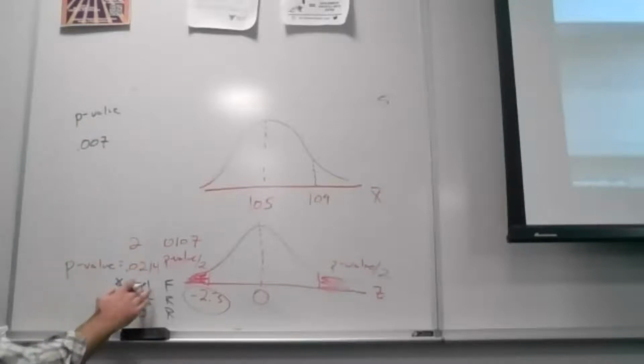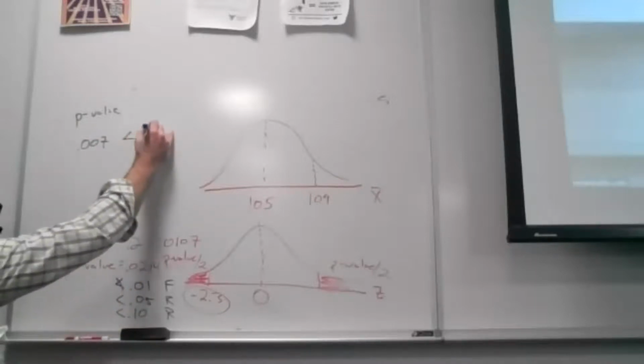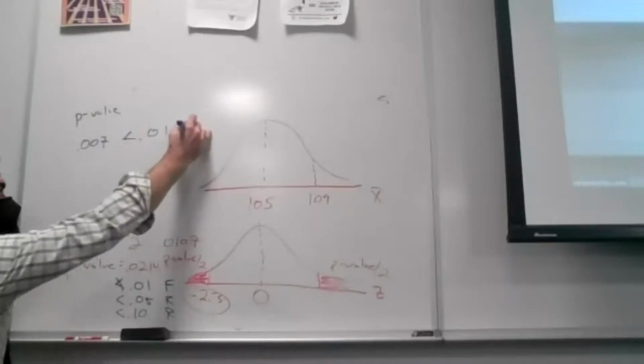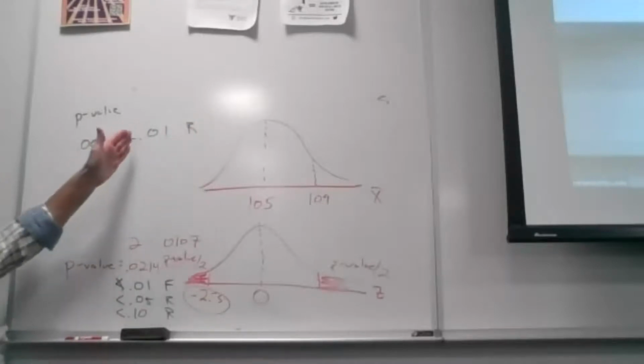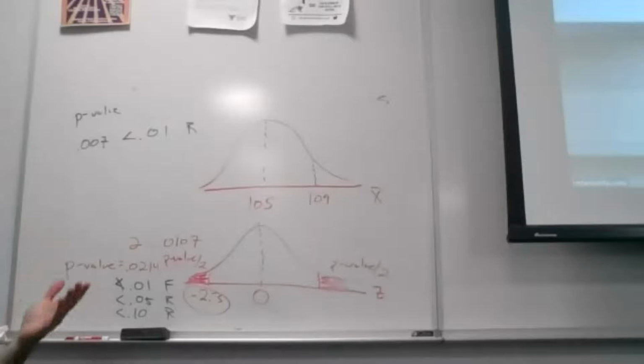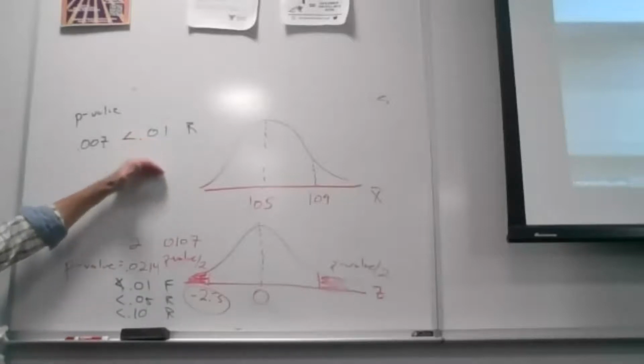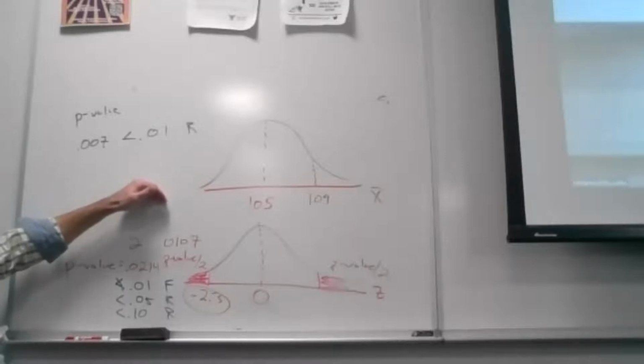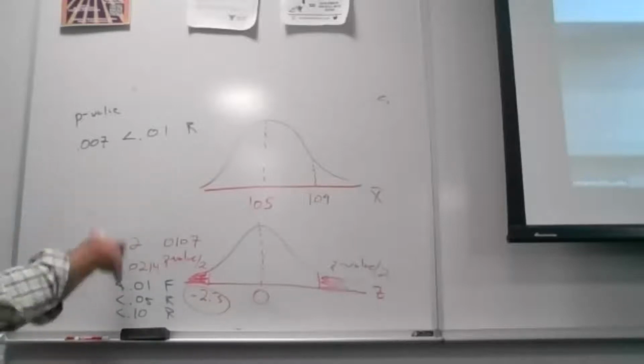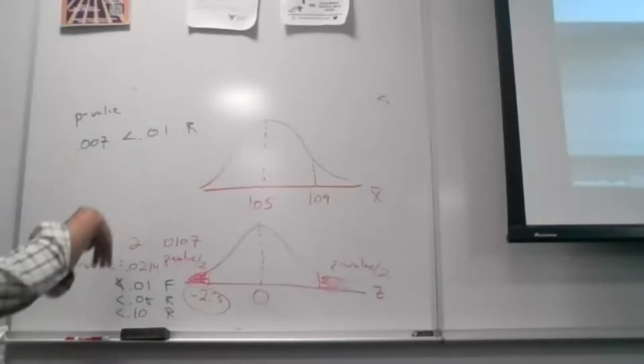Well, in that case, if I check against the lowest first, is it less than 0.01? Yeah. If it's less than 0.01, I know it's going to be less than 0.05 and 0.1 as well. So if I find that I can reject at that 1% significance level, I know I can reject at all, right?